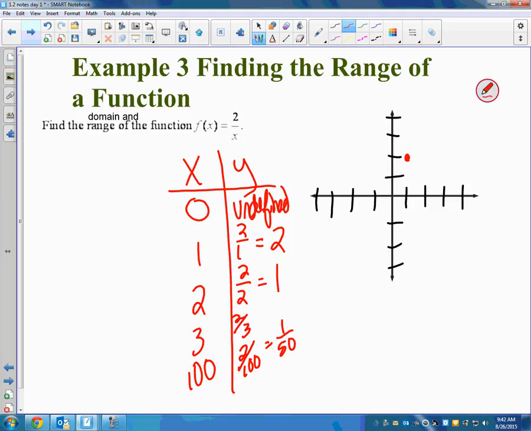At 1, I have 2. At 2, I have 1. At 3, I have 2/3, and it's just going to keep getting smaller and smaller and smaller. So like this side, I think is just going to go down like this. Actually, I don't think it's even ever going to get to 0. No matter what I plug in there, 2 over 1,000, 2 over 1,000,000, it's still not 0. It's just a really small fraction.